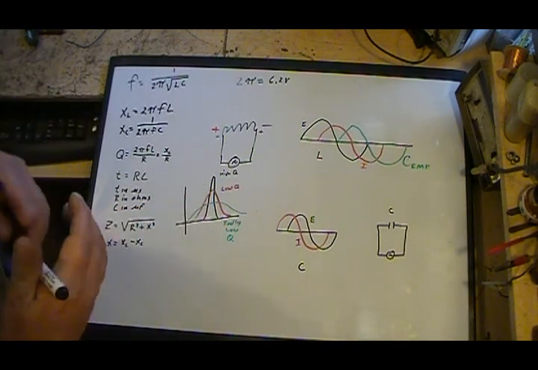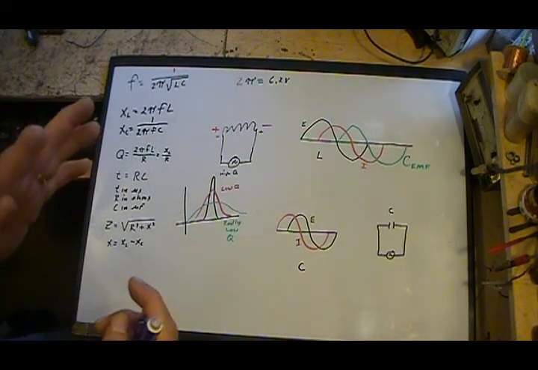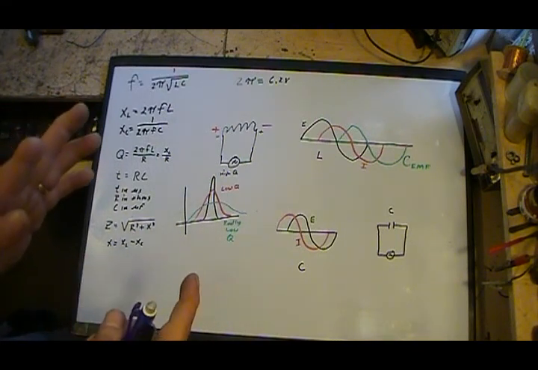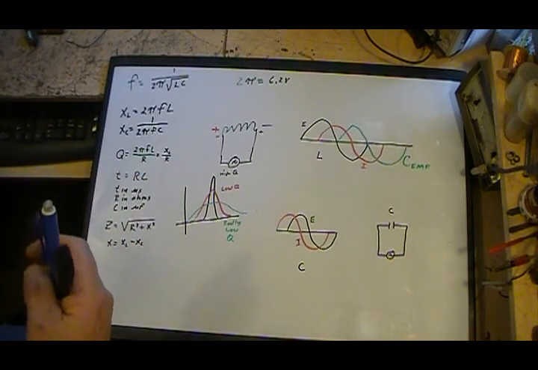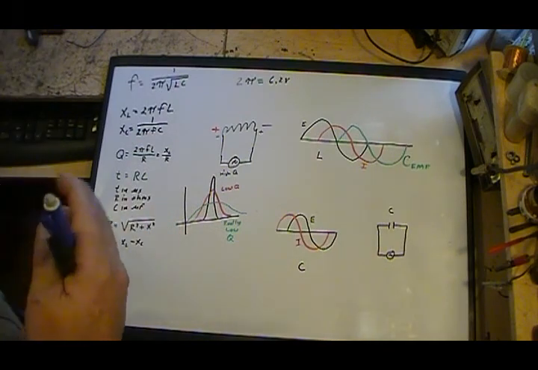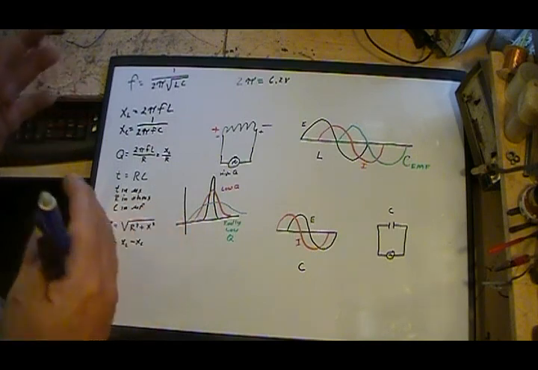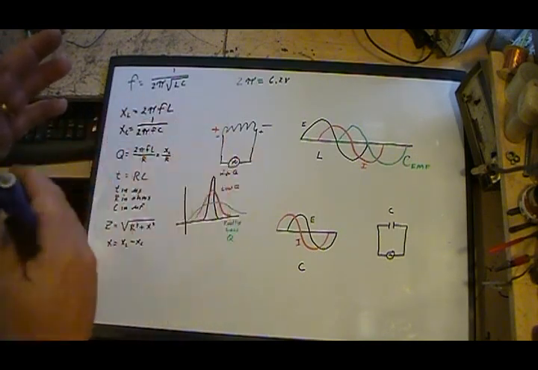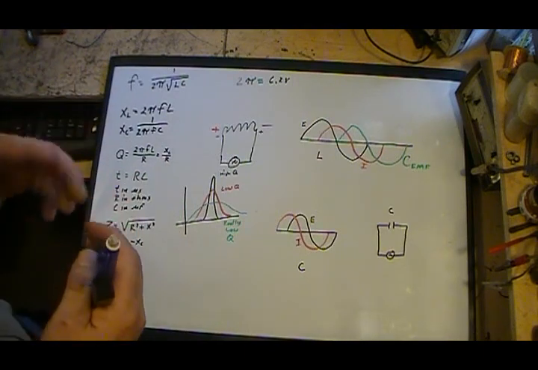You can see this if you take an ohm meter and put it across capacitors and check them that way. If you've got a real small capacitor, a few hundred picofarads, or even like a 0.01 microfarad or 0.001 microfarad, it quickly builds up to infinite ohms. In other words, it charges up real quick.